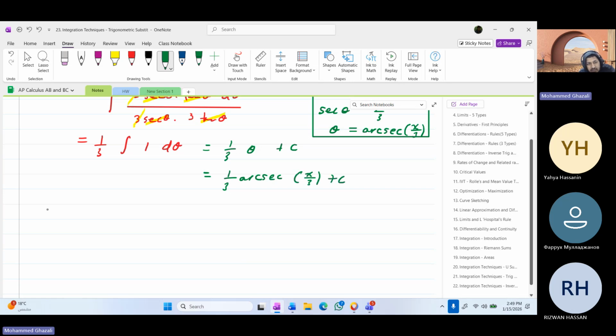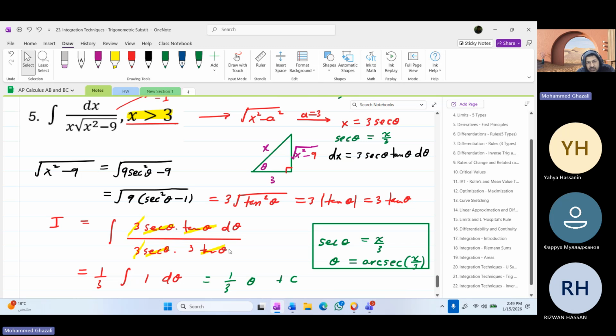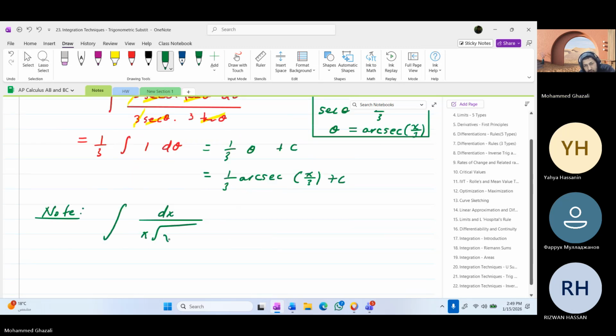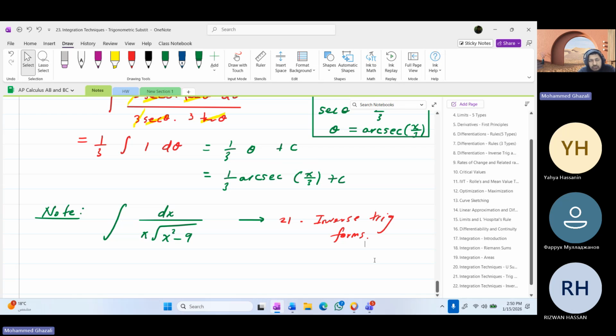Now note, the same integral can also be solved in the previous technique. You can try solving the same integral using the arcsec form, x squared minus 9, by completing the square, right? You can look at lecture number 21 and solve using the inverse trig forms. And what was the inverse trig form? Let's go back and check. Sorry, lecture number 22.